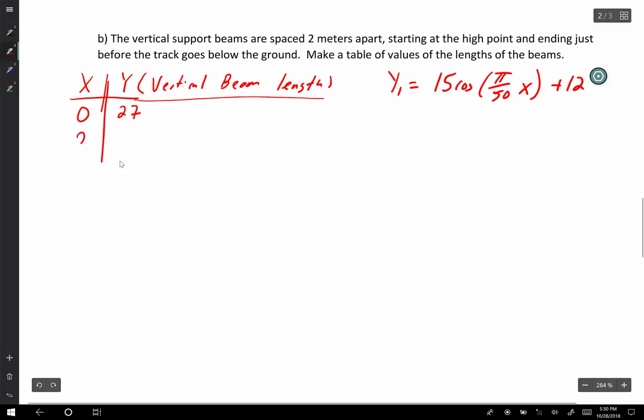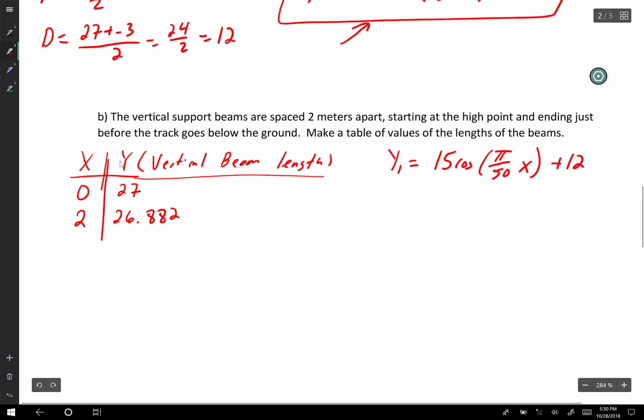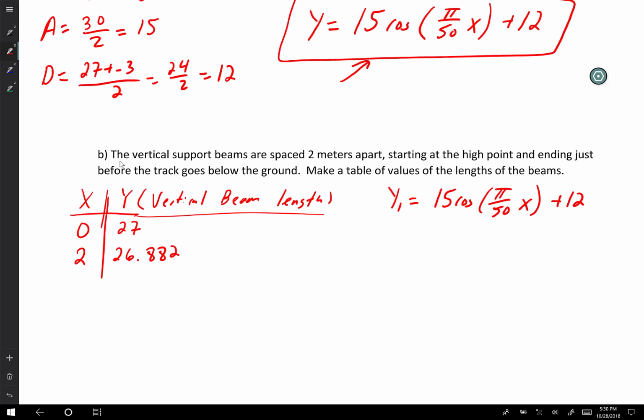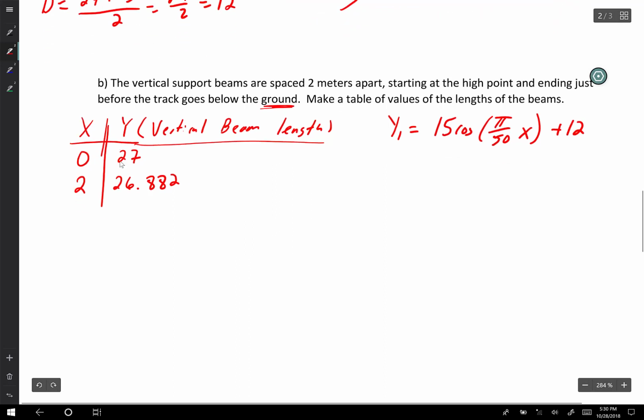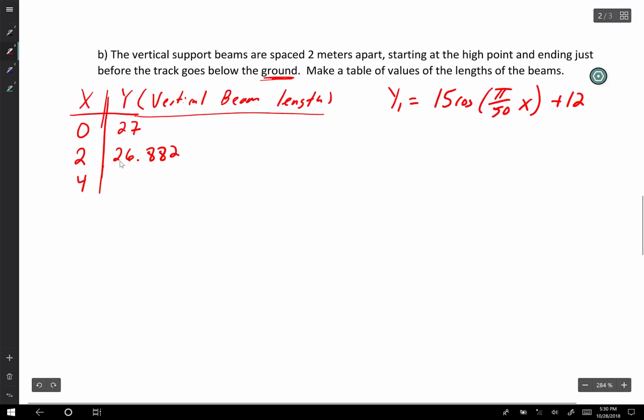At 2, I get 26.882. And you're going to keep going until, let's see, it says here, before the track goes below the ground. So you're going to keep going as long as you don't have negative values for vertical beam length. So 4, 26.529.